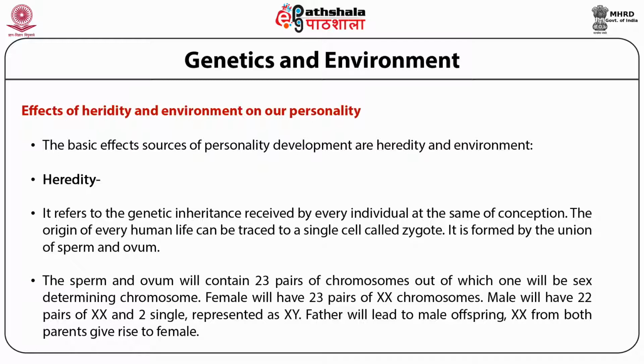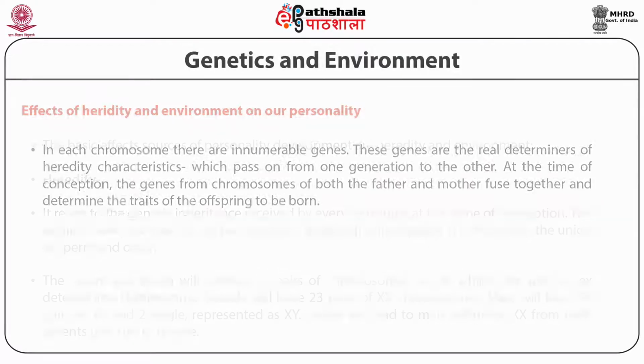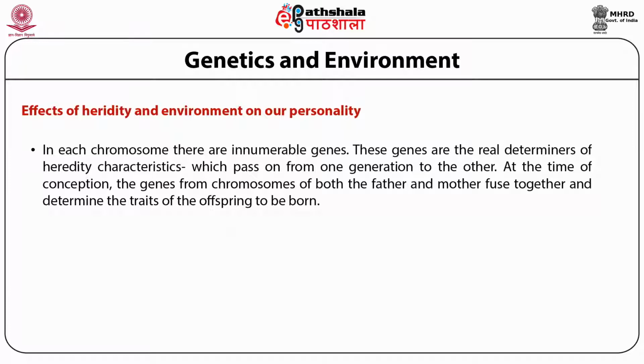Fathers lead to male offsprings. XX from both the parents give rise to female. Each chromosome has innumerable genes, and these genes are the real determinants of hereditary characteristics. At the time of conception, the genes from chromosomes of both the father and the mother fuse together and determine the traits of the offsprings to produce a new one.